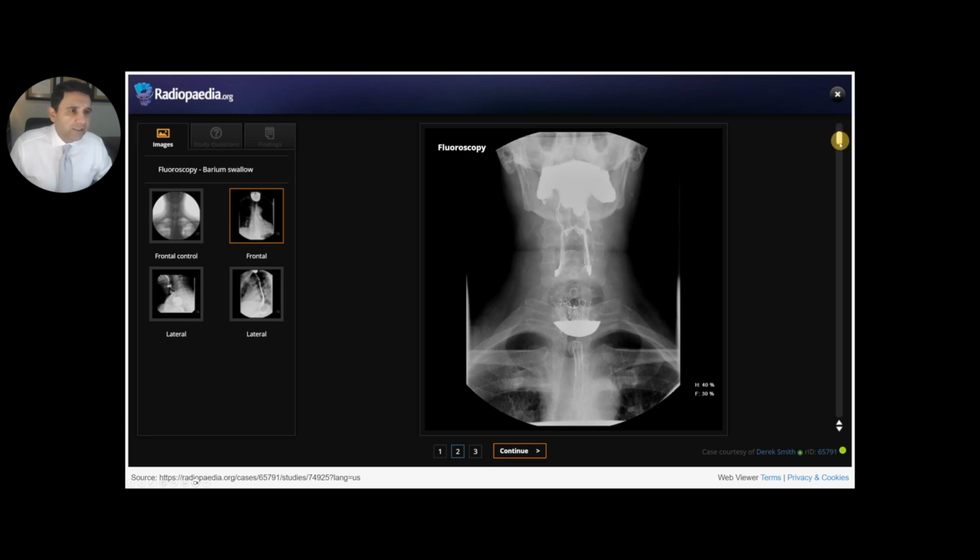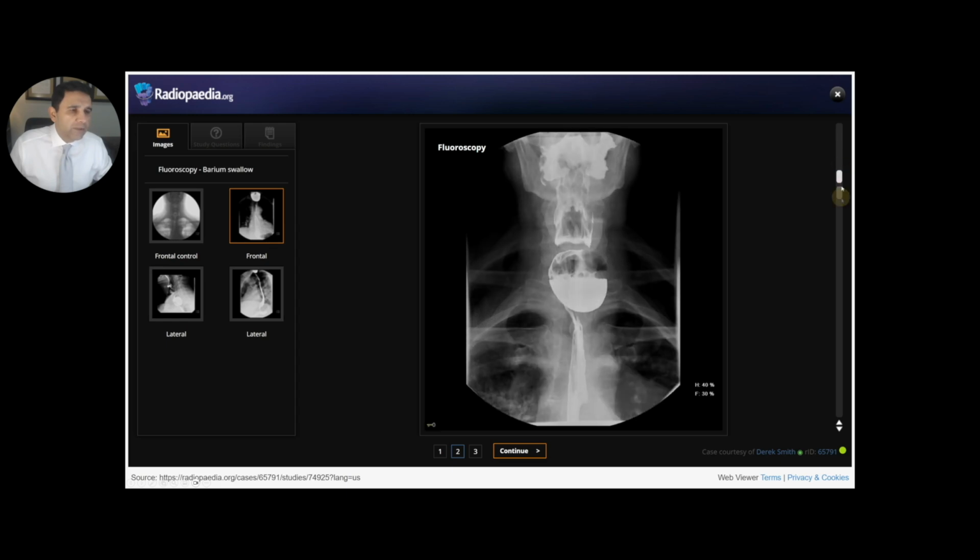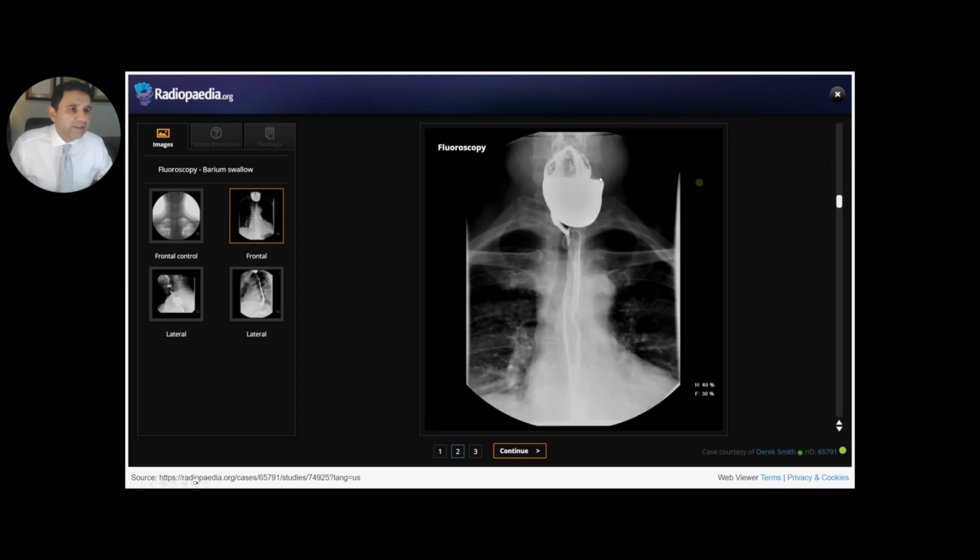So as you can see here, this patient has taken barium, and the barium is going down the esophagus, and this structure, which is becoming opacified, if I move down a little bit more, you will see that this structure that's getting opacified as the barium is traveling down the esophagus, that's Zenker's diverticulum.